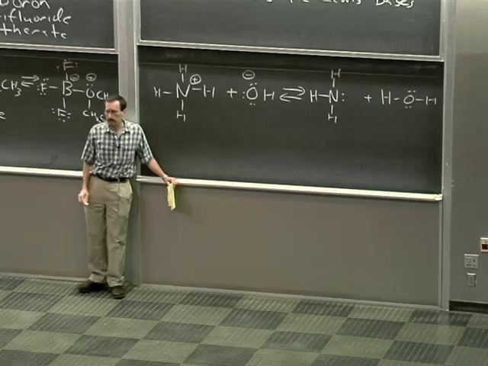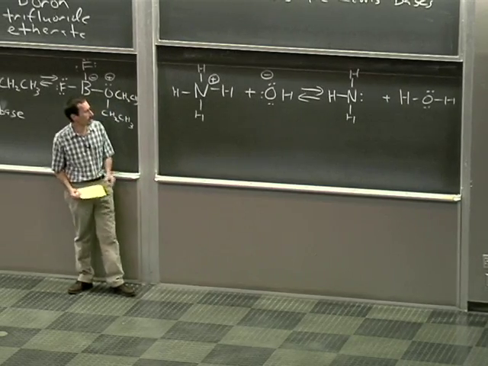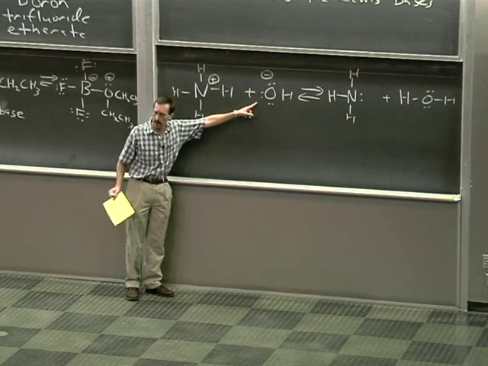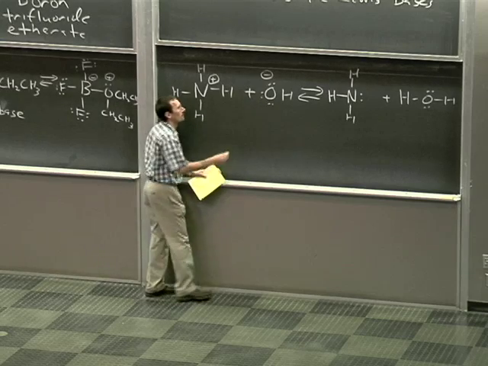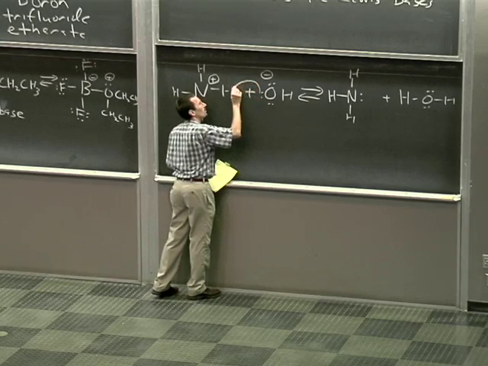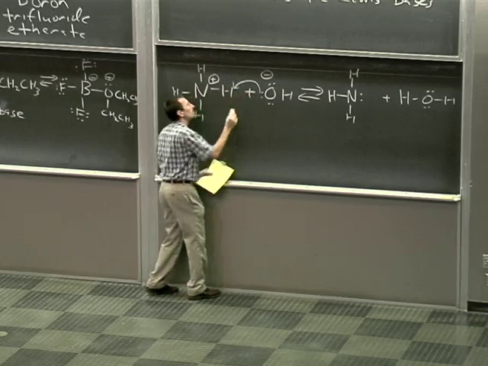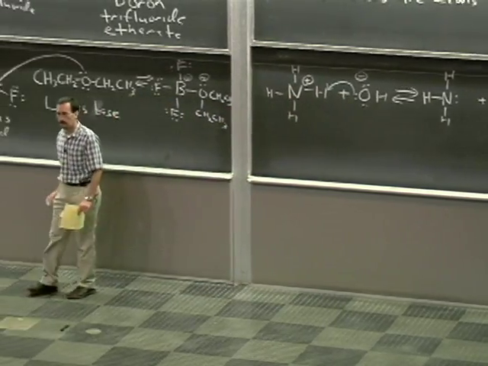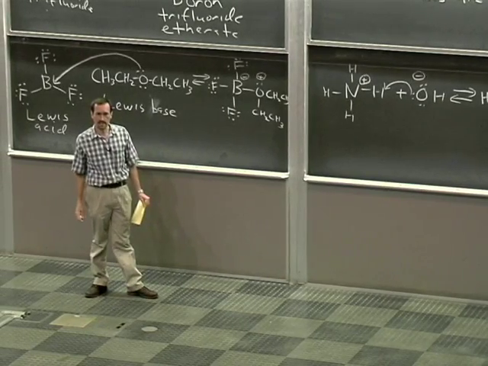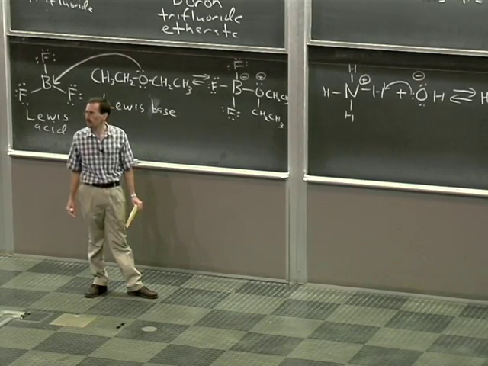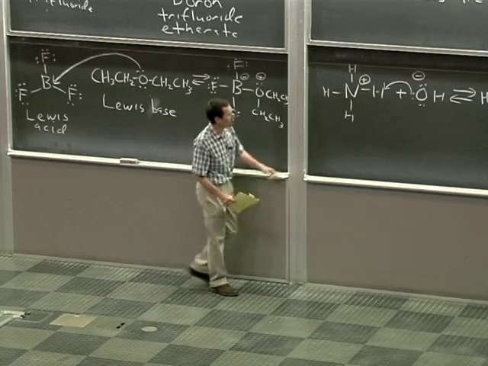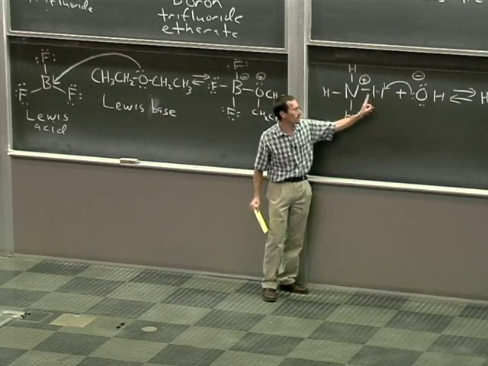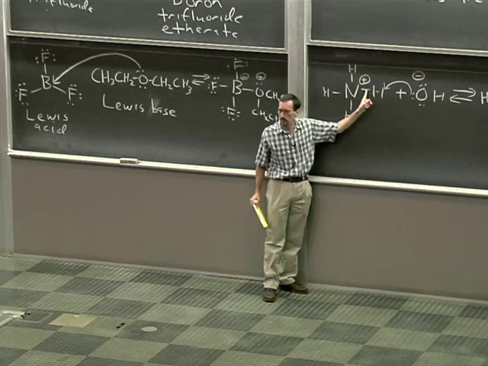So what's happening in this reaction is electrons are flowing from the hydroxide to the proton on the nitrogen. That proton is accepting the electron pair, but of course it can't accept the electron pair and have 4 electrons around it.